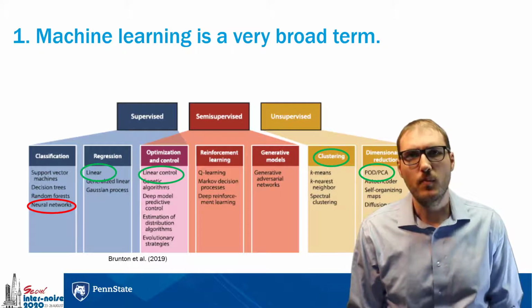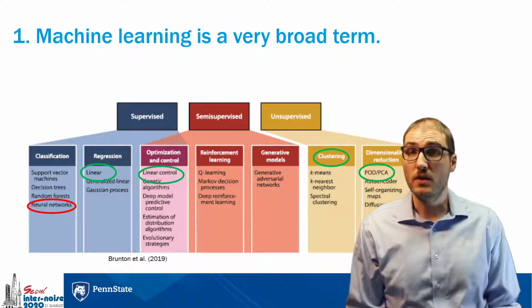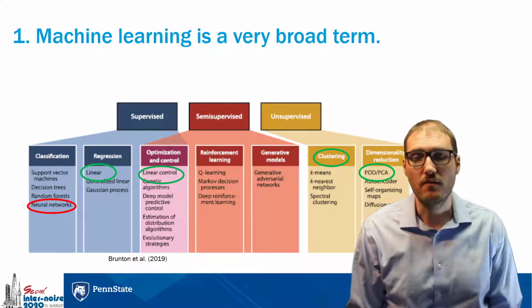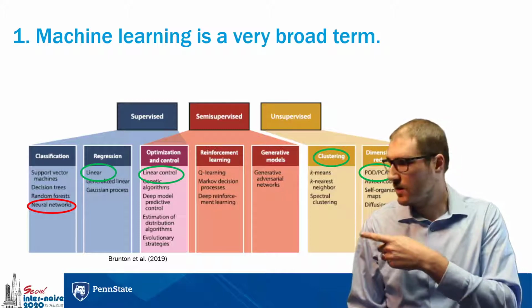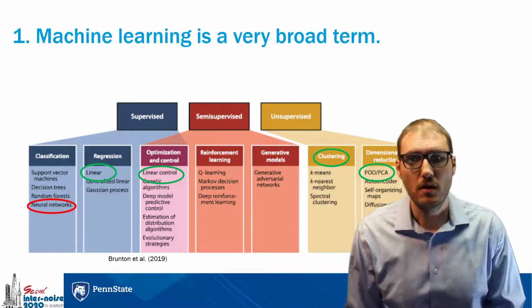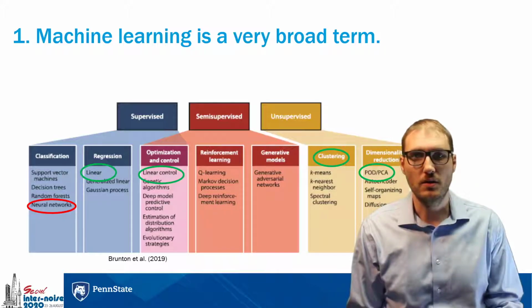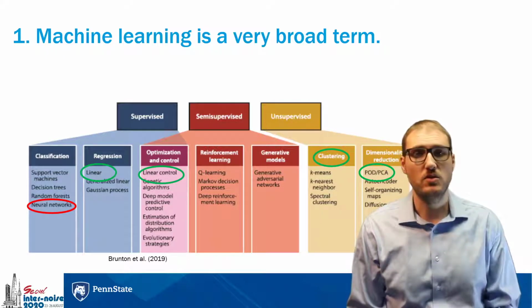They're breaking down machine learning into a lot of different things, and neural networks is actually only a small subset of that. So you can see over here there's classification. Classification machine learning, neural networks are a subset of that under supervised machine learning.